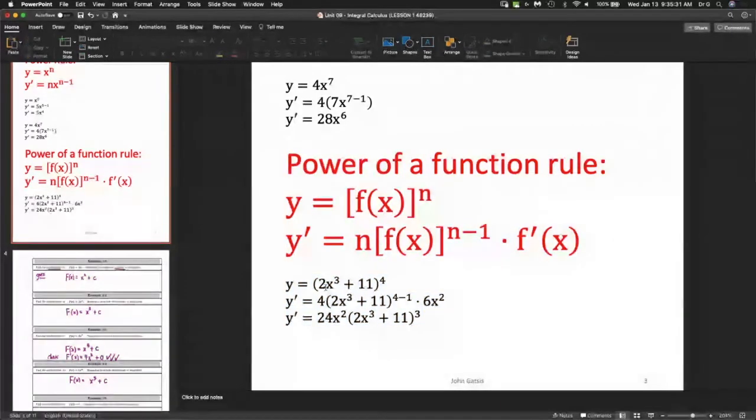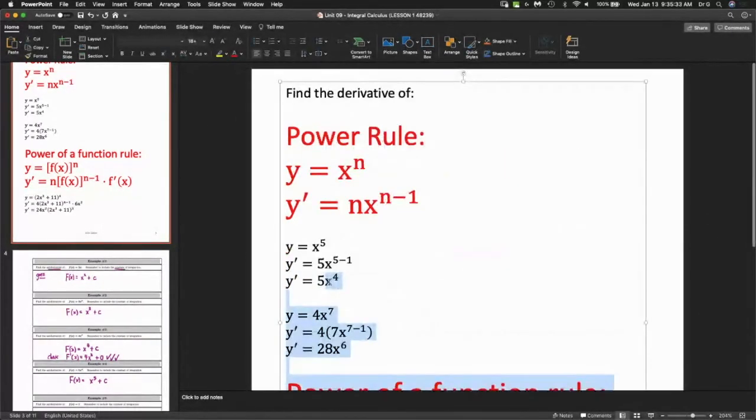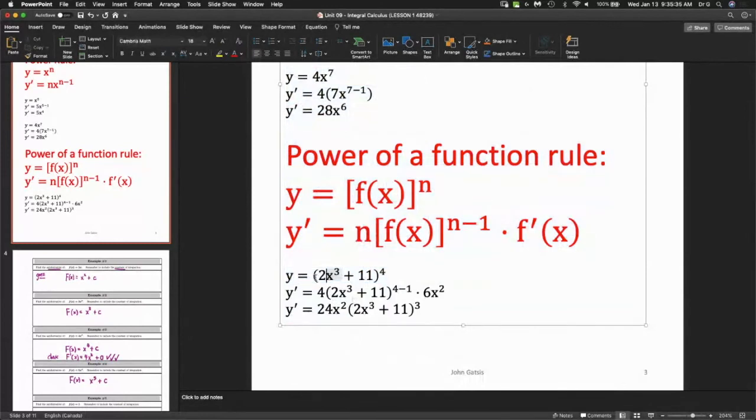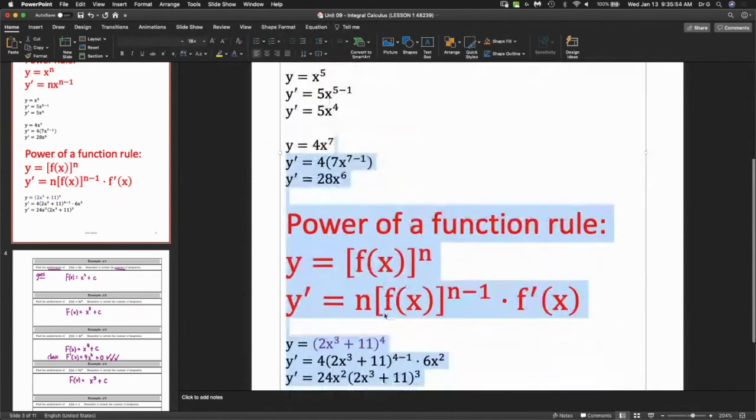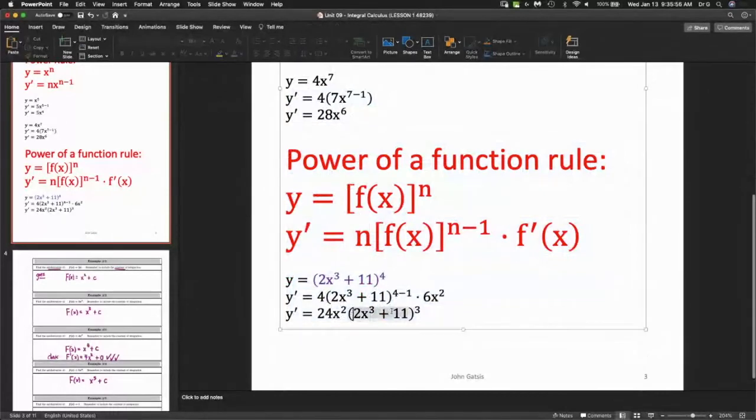I want you to look at the question. See the question here? It's 2x cubed plus 11 to the 4. You see that? You've got the 4. And what about the derivative? When you look at the derivative, you see that it says cubed here.